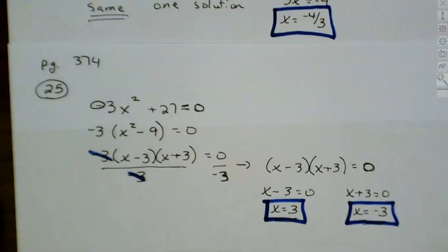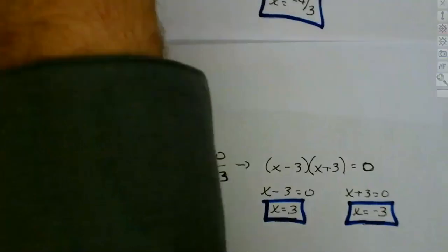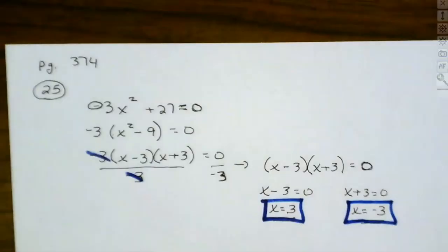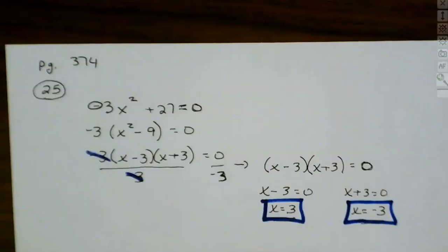The 3 went away because we factored it out, and 0 divided by any number is 0, and it absorbs it. So that's why we work with 0 a lot, because 0 allows you to cancel things out.